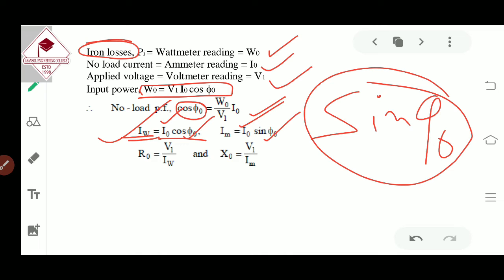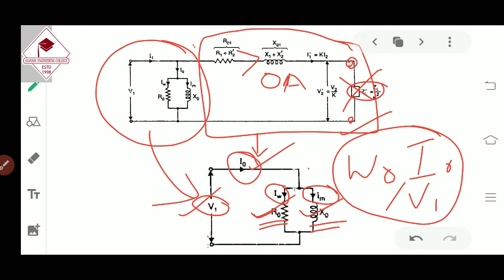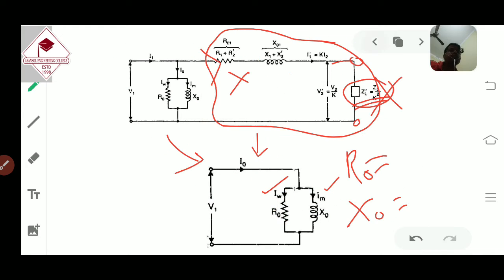Fine. Now see, what is this R0 value? To find the R0 value, here IW current is flowing, and we know that the voltage across this resistance is V1, so V1 by IW will give R0, and V1 by Im will give you X0. So this is how we can find these parameters.